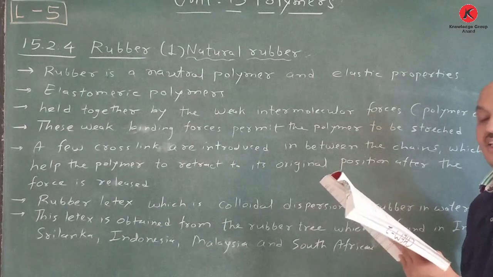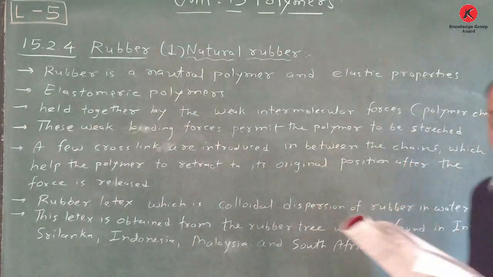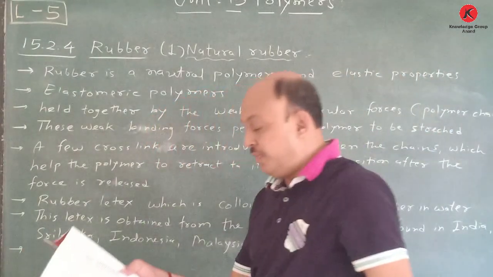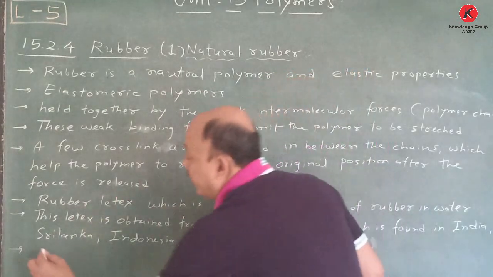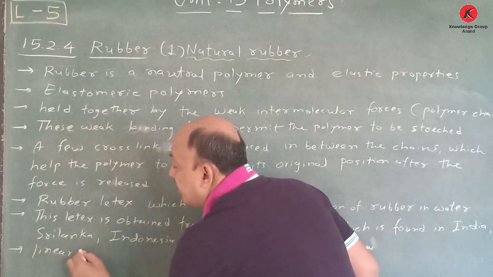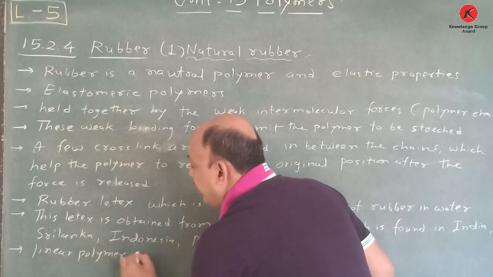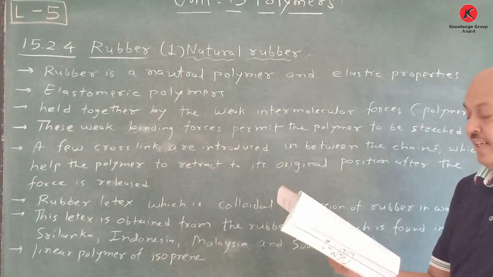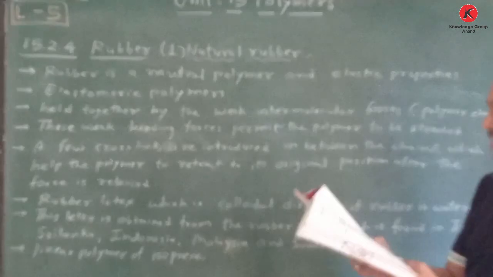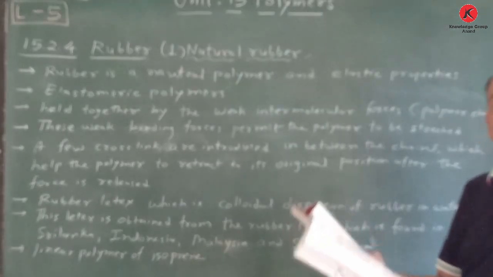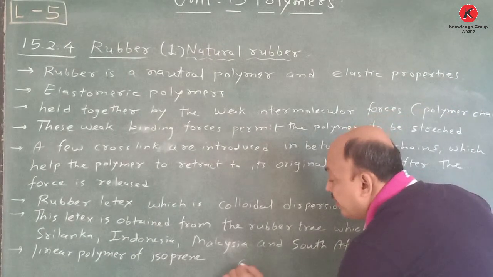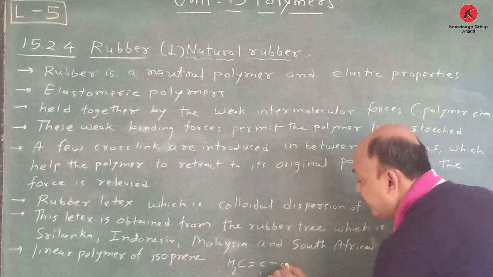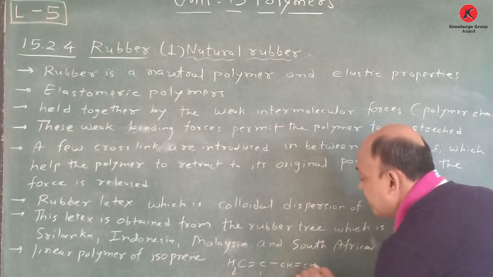Natural rubber may be considered a linear polymer of isoprene. Remember, it is one type of linear polymer of isoprene. Now this structure is very simple and is known as 2-methyl-1,3-butadiene: CH2 double bond C, CH3, CH, and here a double bond CH2.